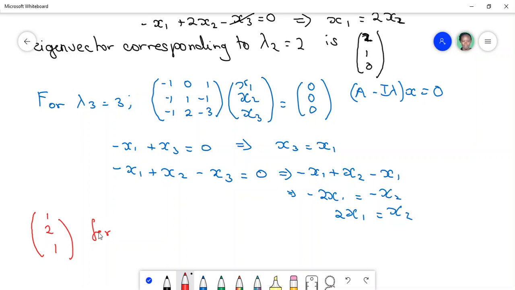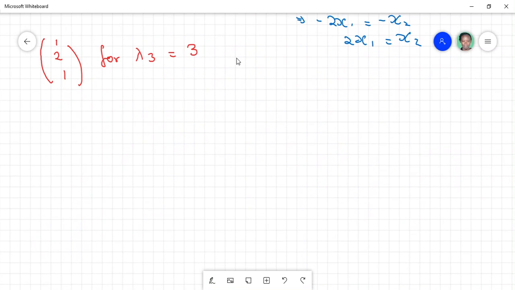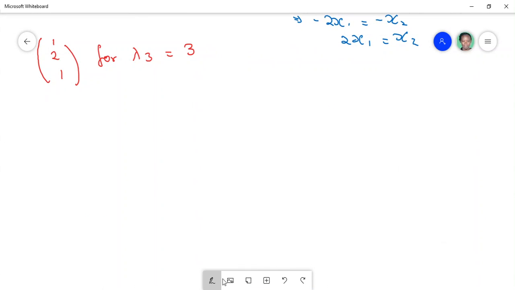So this is the eigenvector for lambda equal to 3. So let's put it together nicely.